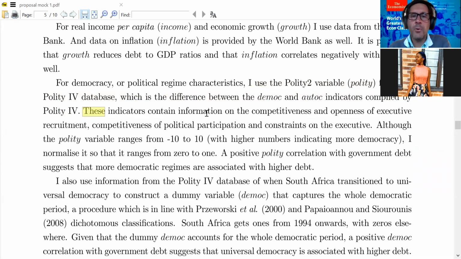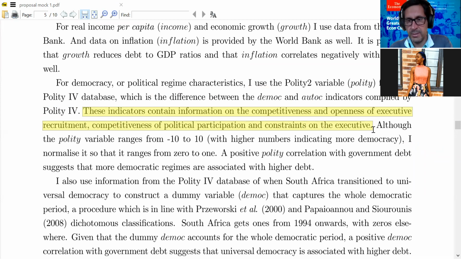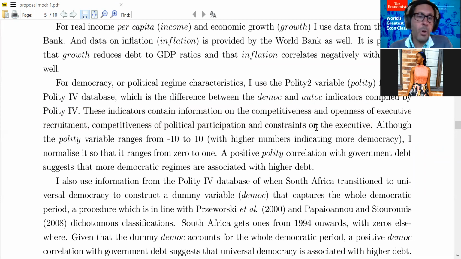It's important I'm explaining this variable because it's not obvious, right? These indicators contain information on the competitiveness and openness of executive recruitment, competitiveness of political participation, and constraints on the executive. The polity variable ranges from -10 to 10, with higher numbers indicating more democracy.